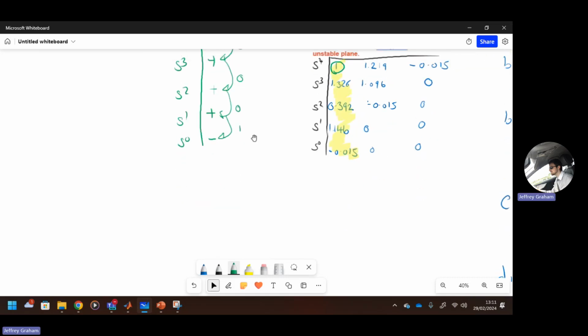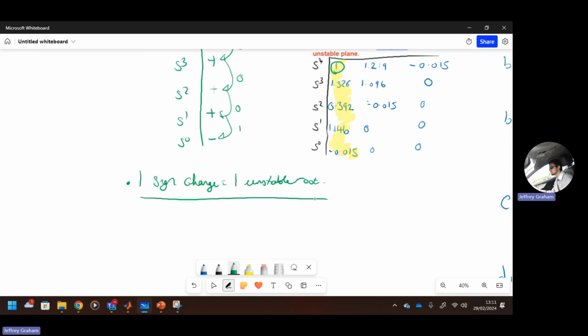That indicates we've only got 1 full sign change from top to bottom, which means there's 1 unstable root for that particular function.